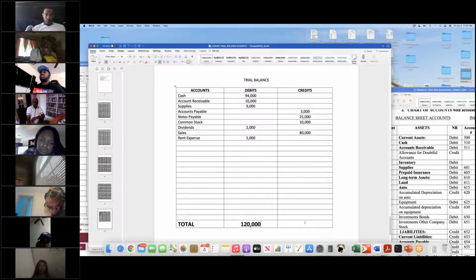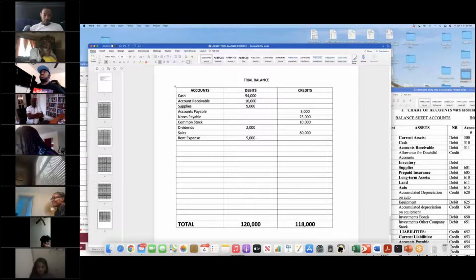How much are your credits? 118,000 it looked like. So that means we've done something wrong, because they're supposed to be equal.